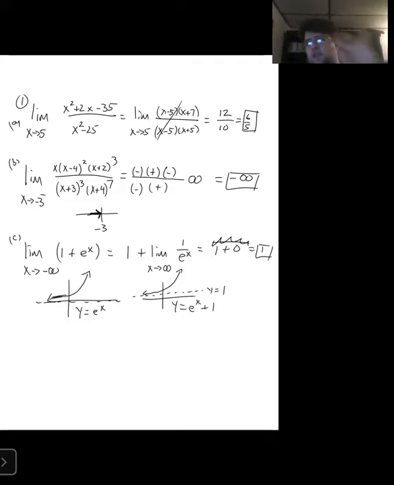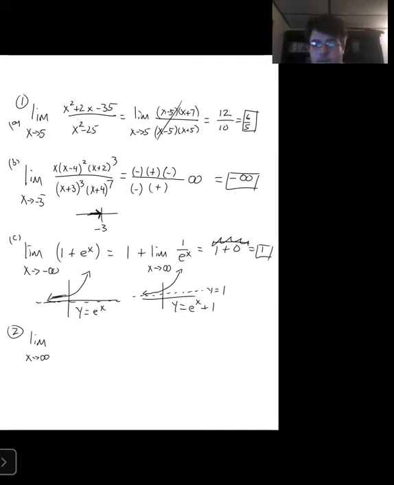And as x goes to -infinity there, that curve approaches 1. So either way you want to conclude is fine with me. I actually like the first argument a little more, but the second one works fine.